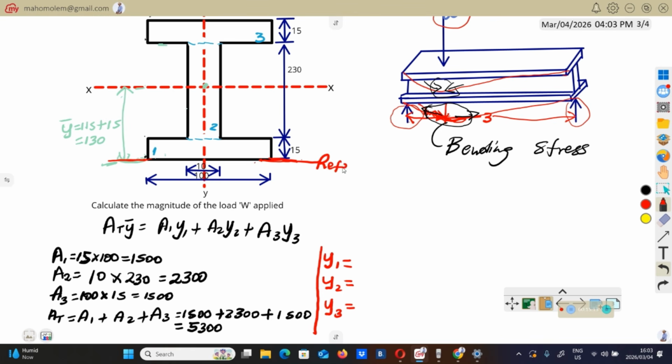So meaning that these distances will be measured from the bottom. So y1 is going to be the distance from the reference to the center of this box number 1. So we're talking about the center. So the center of this box number 1 would be somewhere there.